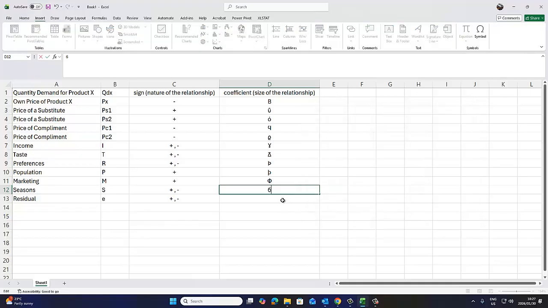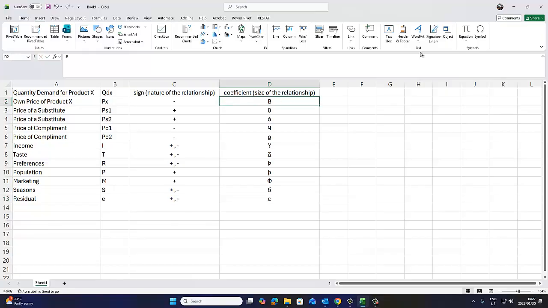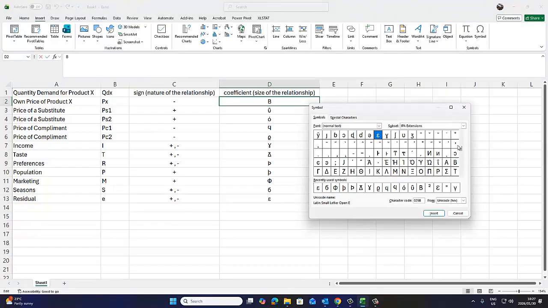And then residual error term is normally that little e. I just saw it now. That one, error term. And I just need to find out where's beta. I like to have the right ones, but I also don't want to spend too much time looking for it.